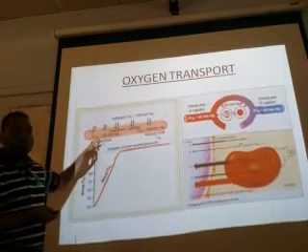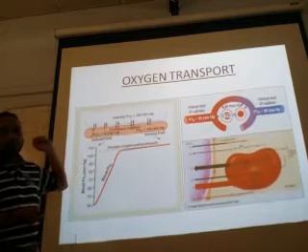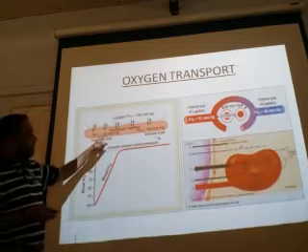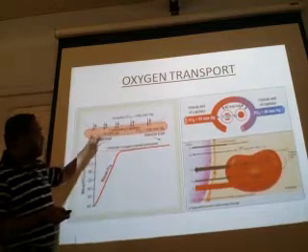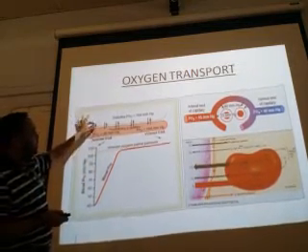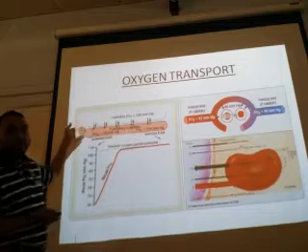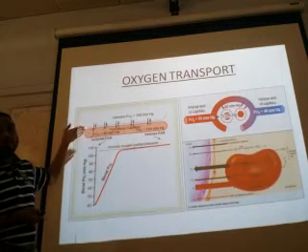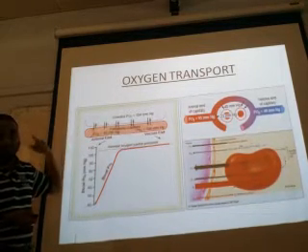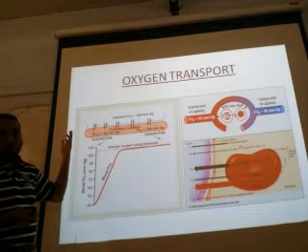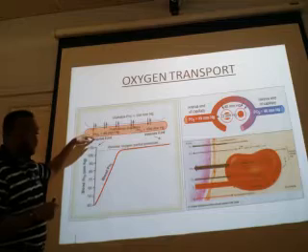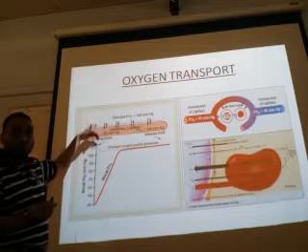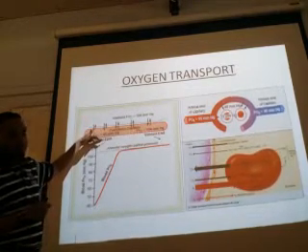What is the PO2 over there? 40. By the time it comes to about 1/3 of the capillary, as you can see from the arrows, this arrow is longer, this arrow is shorter. That indicates net diffusion from the alveolus to the pulmonary capillary.